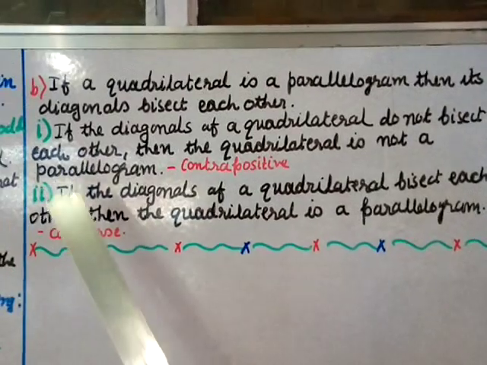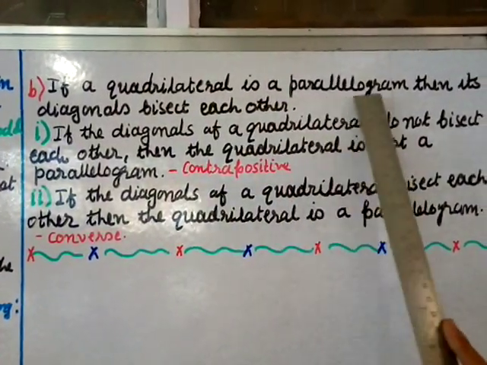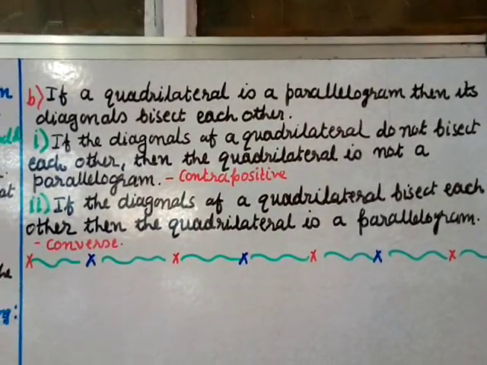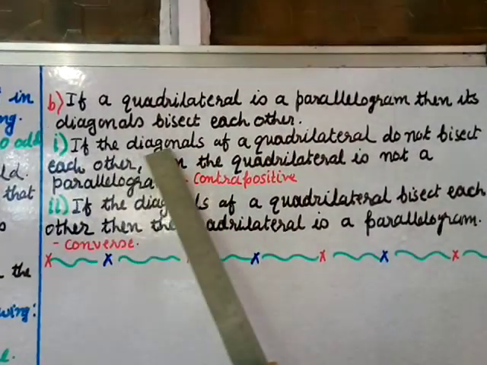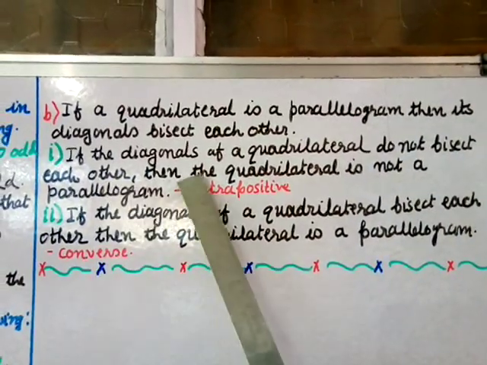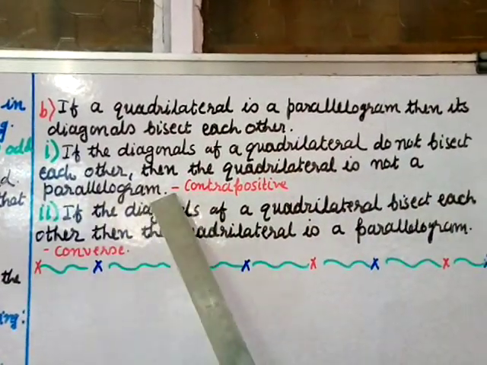Part B, if a quadrilateral is a parallelogram, then its diagonals bisect each other. Now for this, Roman number 1 is if the diagonals of a quadrilateral do not bisect each other, then the quadrilateral is not a parallelogram.